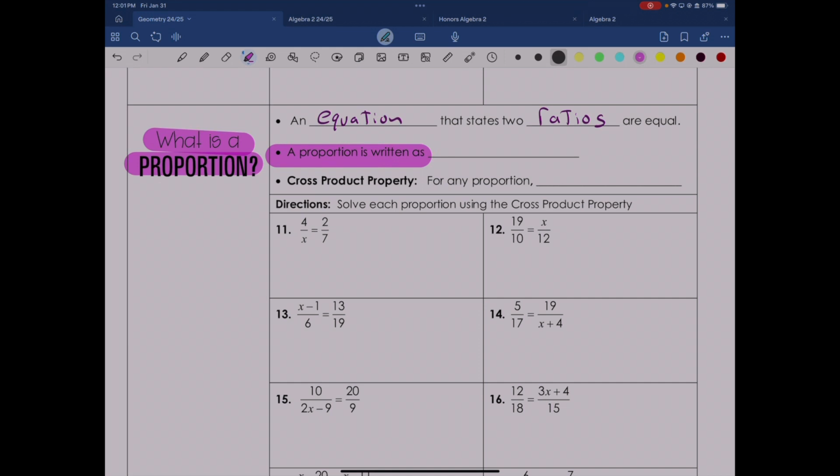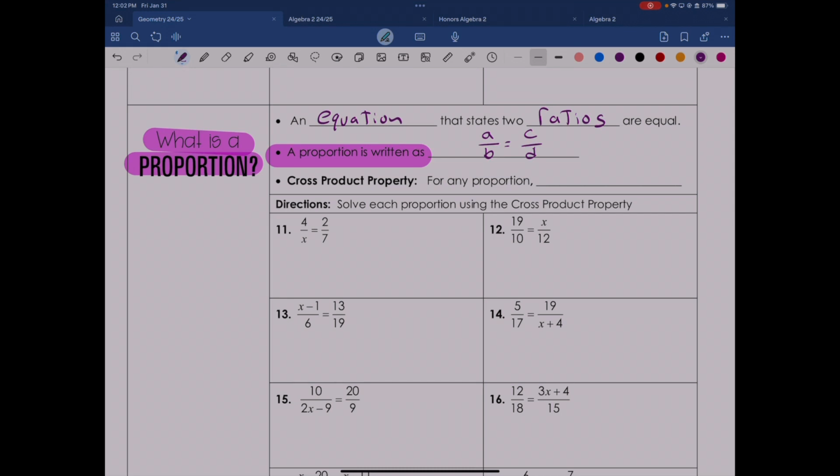A proportion is written as A over B is equal to C over D. So we have two ratios that are equal to each other. Okay, so that's how a proportion is written. And if you look at 11, 12, 13, 14, and so on, you see that's how they're written. To solve this ratio, we do what's called the cross product property.